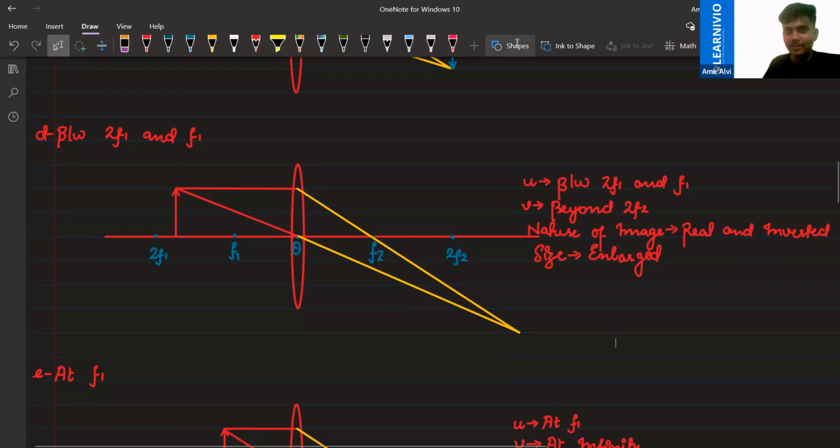Okay, see this image: the image is forming beyond 2F2 because the object is between F1 and 2F1. The image formed would be enlarged, real and inverted.